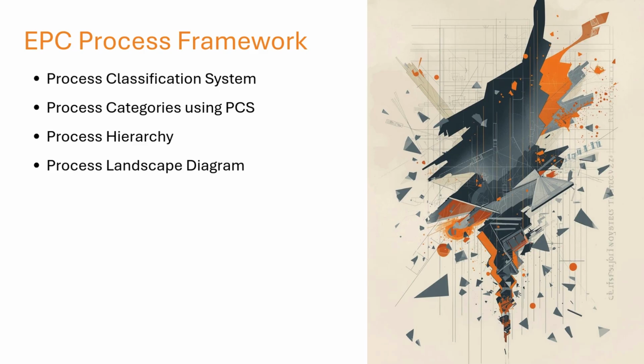This is like arranging which process falls under which category. Then element 3, process hierarchy and elements. Then element 4 is process landscape diagram. These two elements we will be covering in this episode. So together these 4 elements create your EPC process framework.